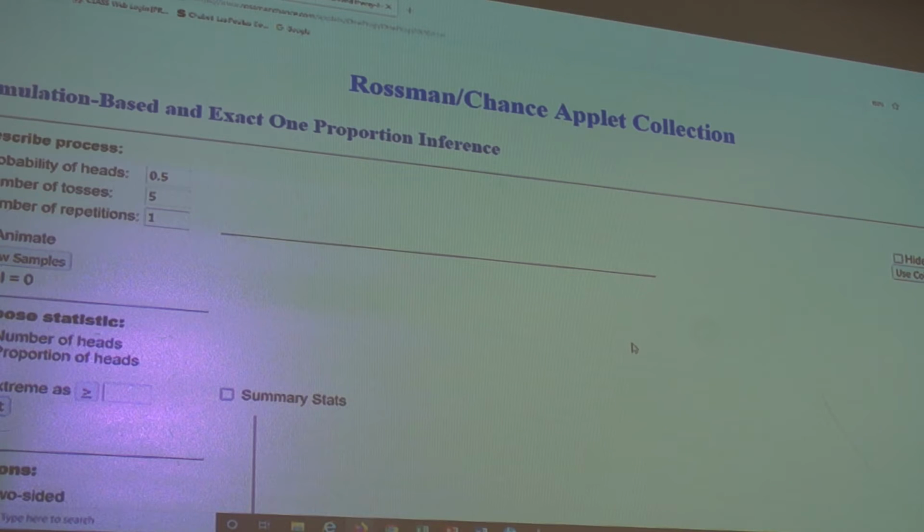Now, Rossman Chance, space, Chance. So if you do applet collection, that's okay. Let's get to the one that says one proportion. If you get applets, just find the one that says one proportion. That's all good, and that should take you to here. Everybody here?